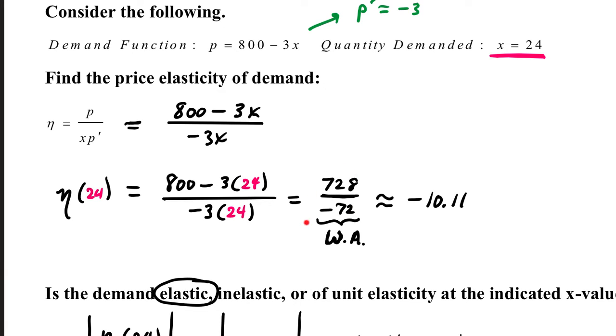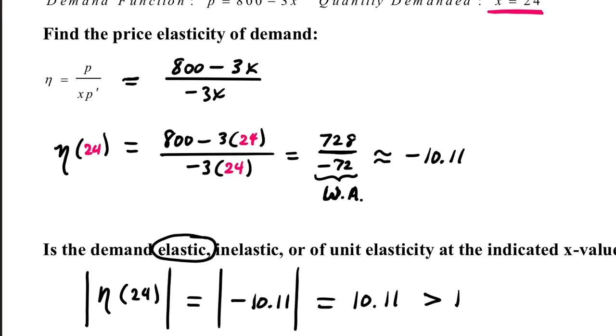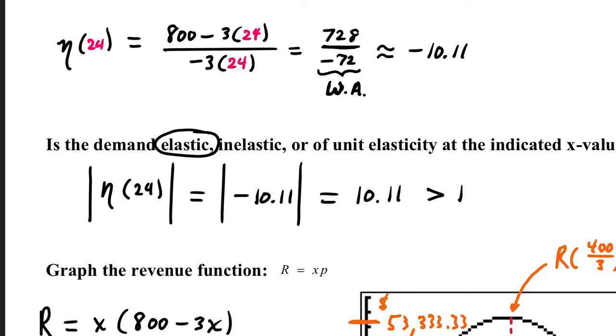This fraction, you can reduce it. This is what WebAssign is going to want, so I made a little note with WA here for WebAssign. If you were to actually divide those in your calculator, you get approximately negative 10.11. WebAssign likes a fraction. Then you're going to be asked if the demand is elastic, inelastic, or of unit elasticity.